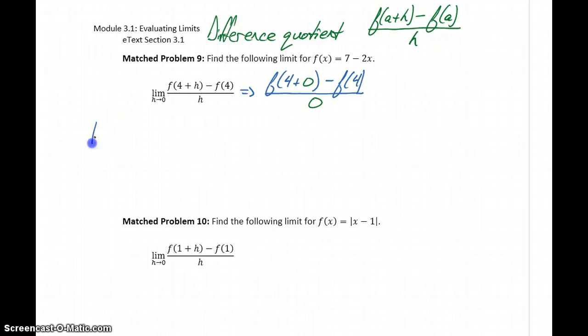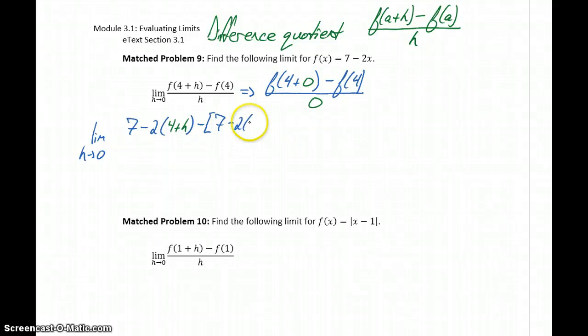So instead what we're going to do is write this out by actually plugging in the function itself. So this says f of 4 plus h. We're going to plug in f of 4 plus h. So this is going to be the limit as h approaches 0 of 7 minus 2 times, and in place of x, we're substituting 4 plus h, minus f of 4, which is going to be 7 minus 2 times 4.